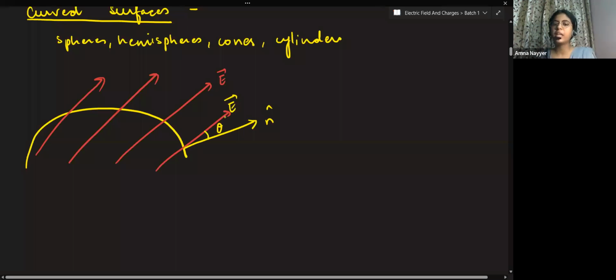Now see, in case of curved surfaces, we take a very small element. Instead of taking the whole surface area S, we take a very small surface area, let's say dS. So dS is the very small surface area, small area element.